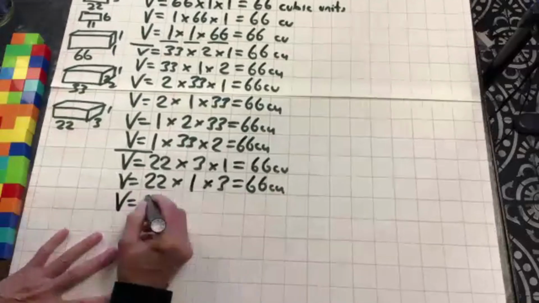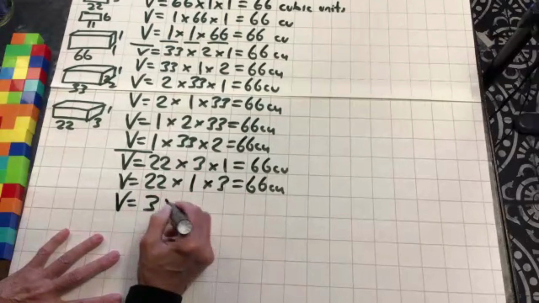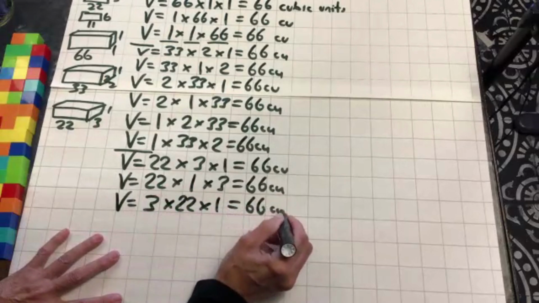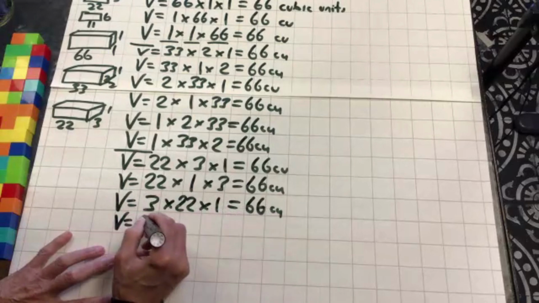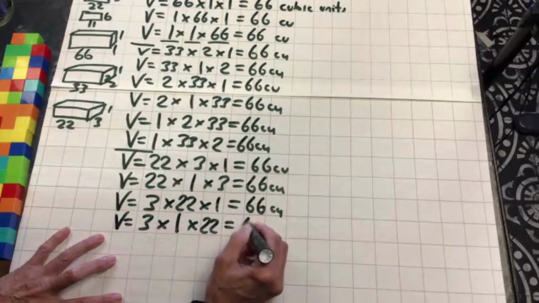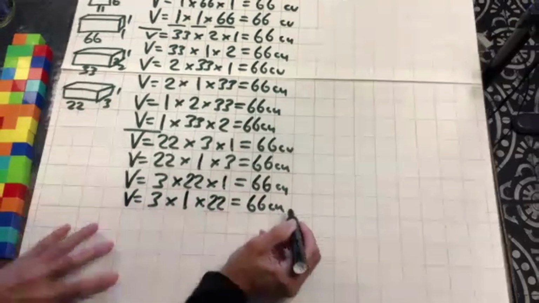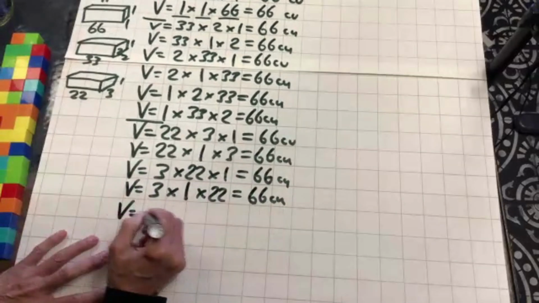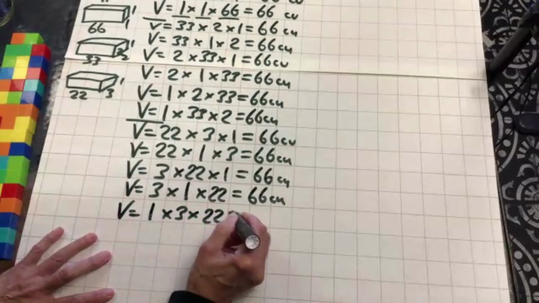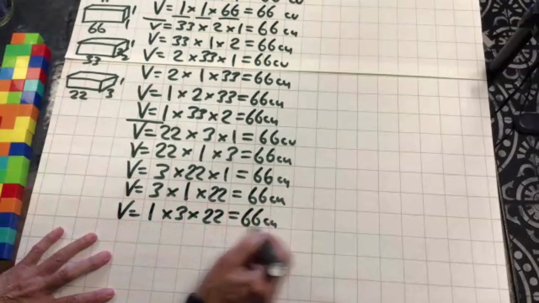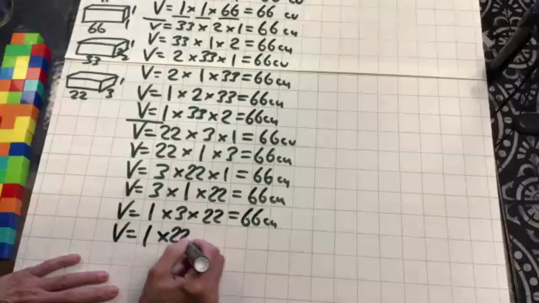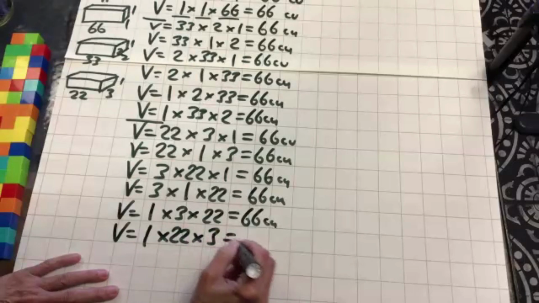Or we start with the 3 instead, 3 wide by 22 deep by 1 tall. Or we have a 3 wide by 1 deep by 22 tall. Or we can have a 1 wide by 3 deep by 22 tall. Or we can have a 1 wide by 22 deep by 3 tall.